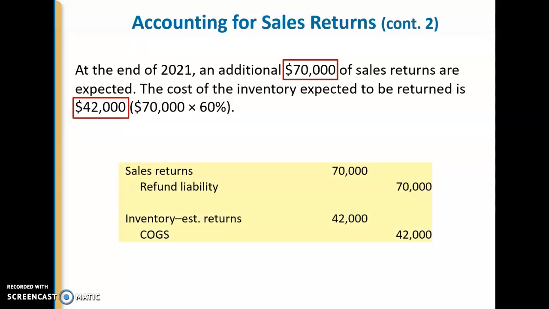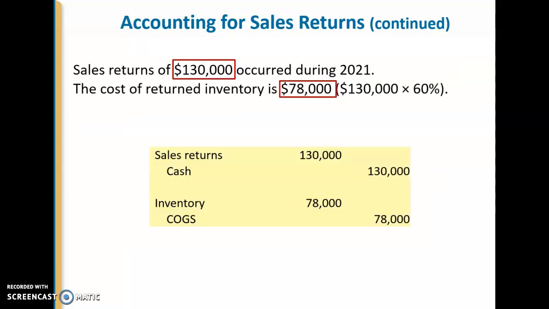So at the end of 2021, an additional $70,000 of sales returns are expected. The cost of inventory on these expected returns is $42,000. That's 60% of the $70,000.